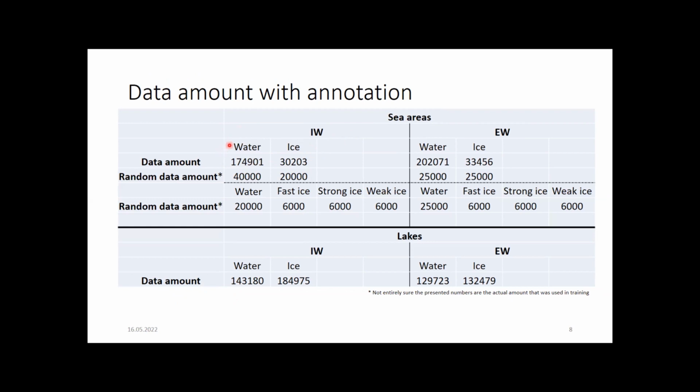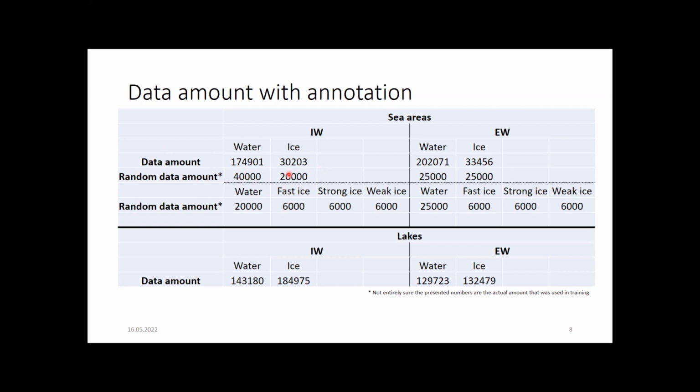If we used all of this information as it is in model training, we would get a strong bias toward the water area. That's why we had to reduce the water samples and make them more equal to ice areas.